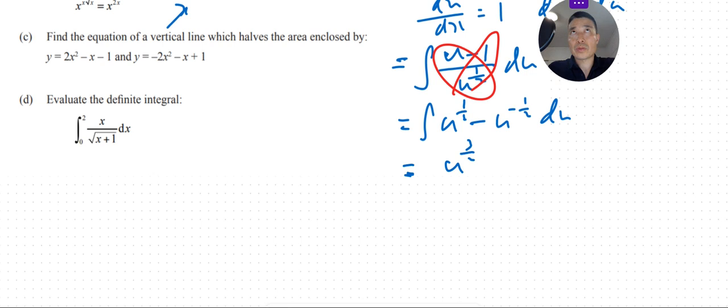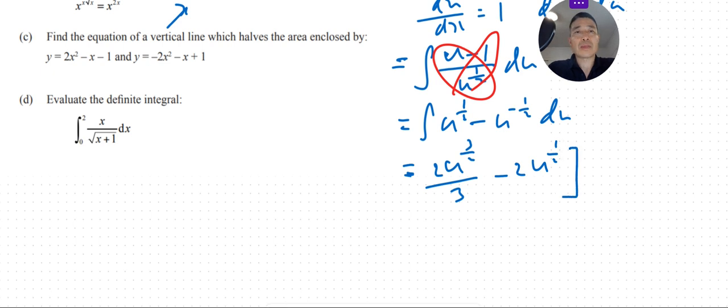So 3 over 2, 2 over 3, isn't it? 2u to the power of 3 over 2 over 3 minus u to the power of half, 2u to the power of half, isn't it?